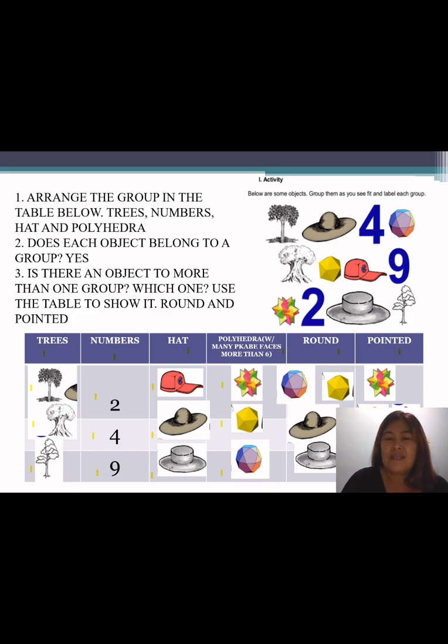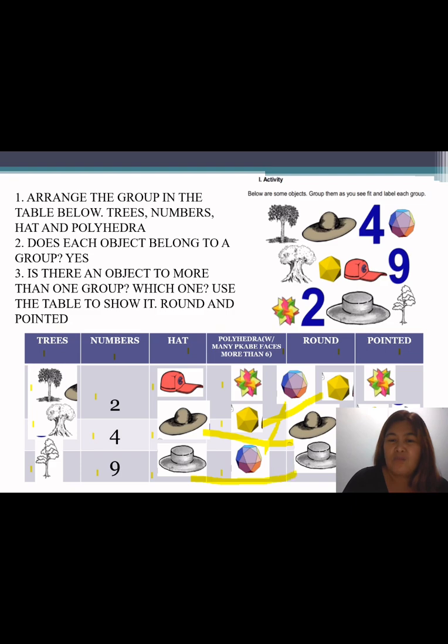As you can see, this one can also be seen in the group of round. Same thing with this figure. So therefore, those are some objects that can be seen in more than one group. Same with the hat, which we can also see under round.